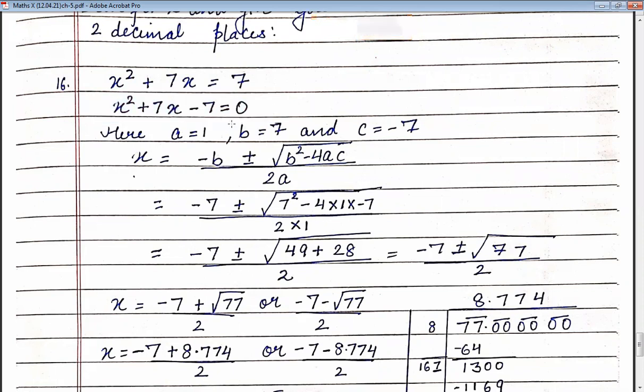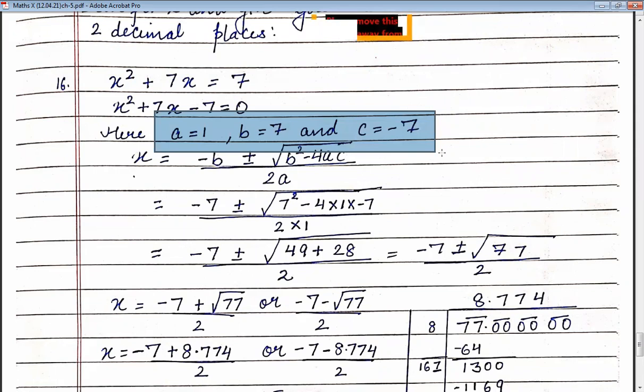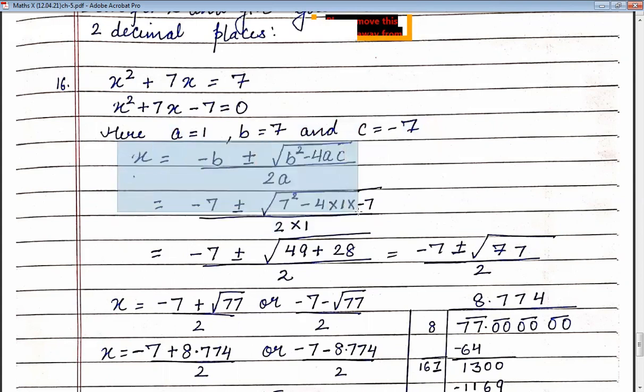Now children, here your a is 1, b is 7, c is minus 7. Now you have all three things. Now you just have to substitute a, b and c in your formula. Your formula is x is equal to minus b plus minus square root b square minus 4ac whole upon 2a.